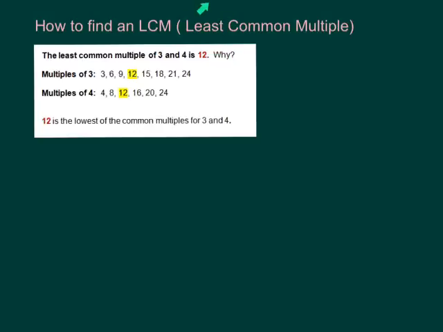But the least common multiple would be the one that appears in both of the lists first, because it's the smallest. The numbers 3 and 4 have other multiples, like for example 24, but that is a bigger multiple. You want the smallest one possible, which the first number that appears the same would be 12. So 12 would be considered the lowest of the common multiples of 3 and 4.